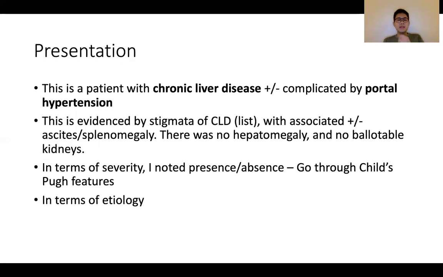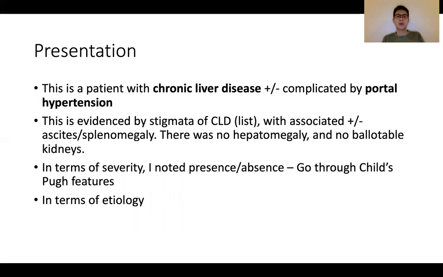So when it comes to the presentation, it is important to be able to summarize well, to come up with a good summary statement that lists the key essential features. So chronic liver disease would be a keyword. Portal hypertension, if you want to include the concept of decompensation, especially in a patient who's overtly jaundiced, overtly ascitic, with an element of, let's say, a flap, that could be helpful as well.